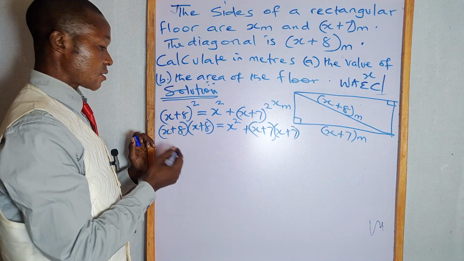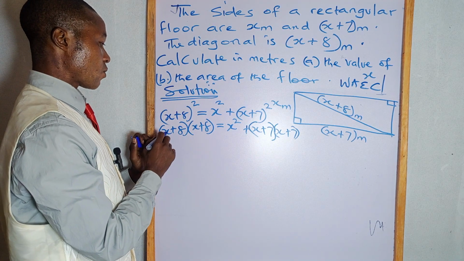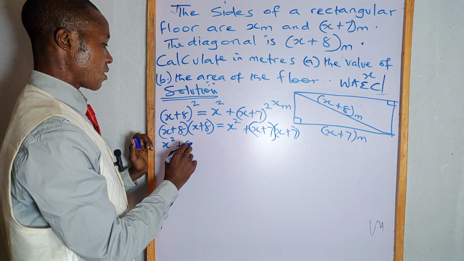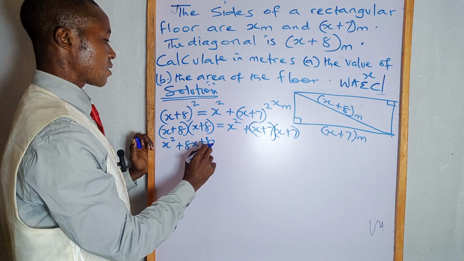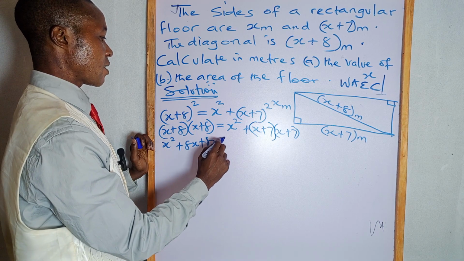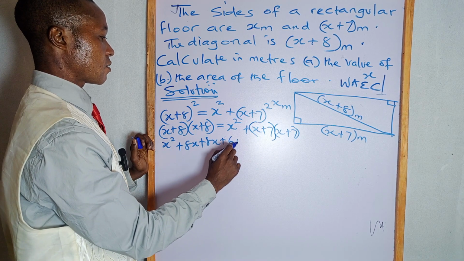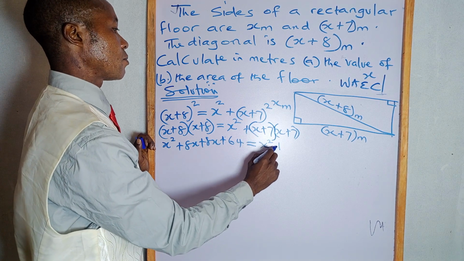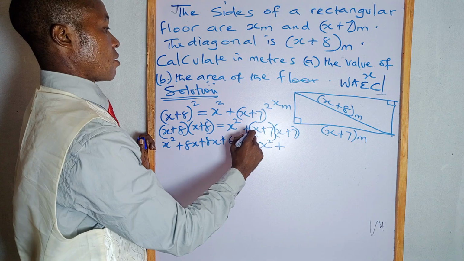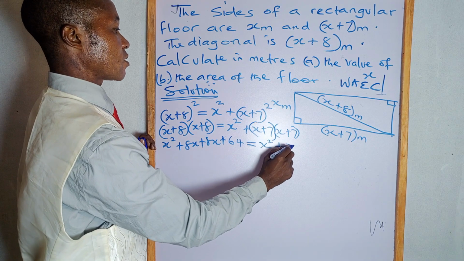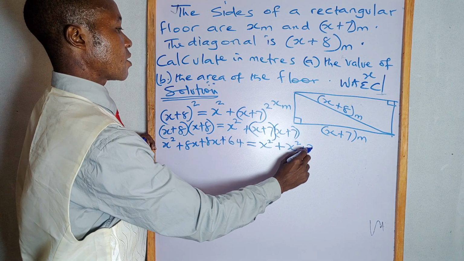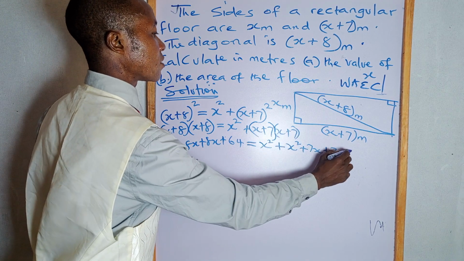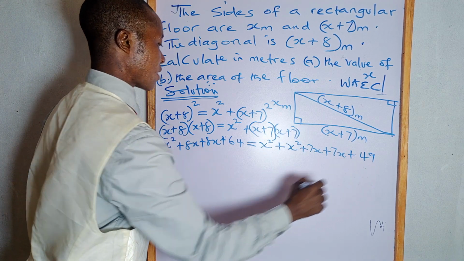So then we expand further. x multiplied by x gives x squared, plus 8x plus 8x again, then 8 multiplied by 8 gives 64, is equal to x squared, x multiplied by x that is x squared again, plus 7x plus 7x, then 7 multiplied by 7 gives 49.